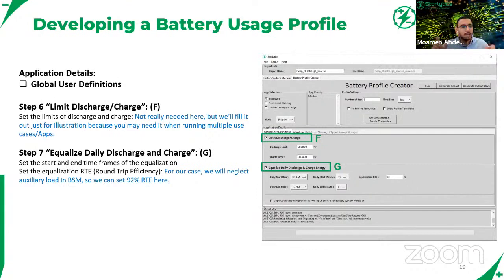I think it is clear now, and if you need to understand that more, you can run different projects with equalization and without equalization, and you can see the difference. Okay.